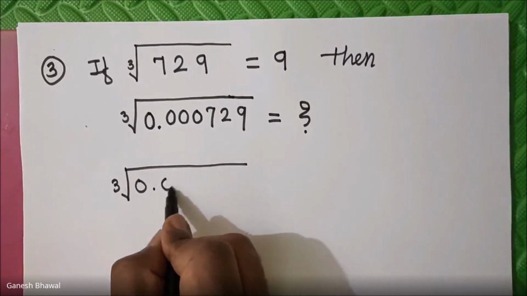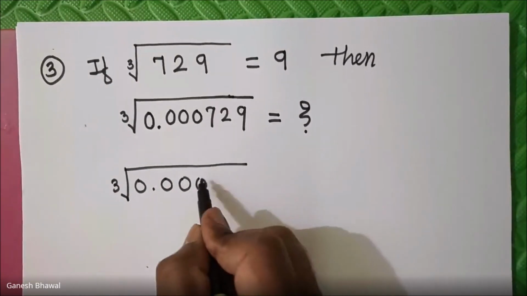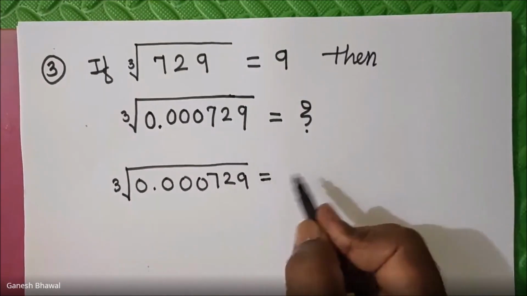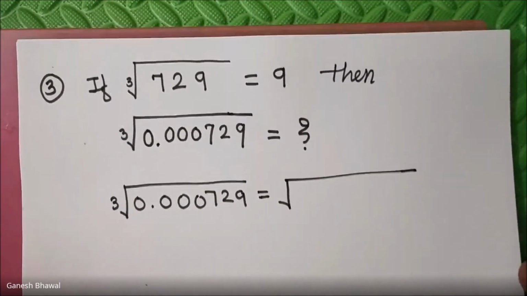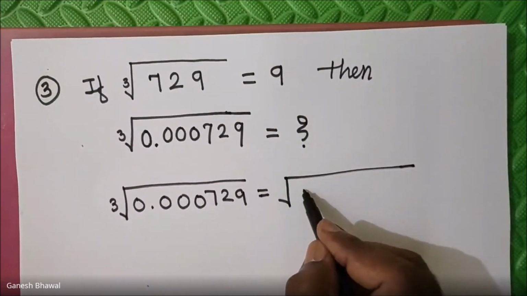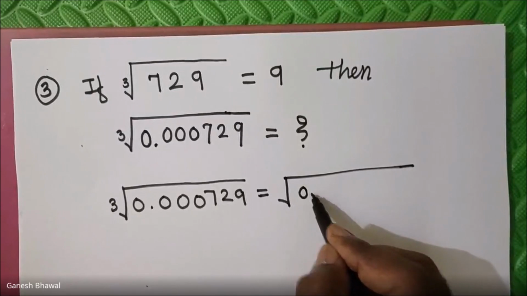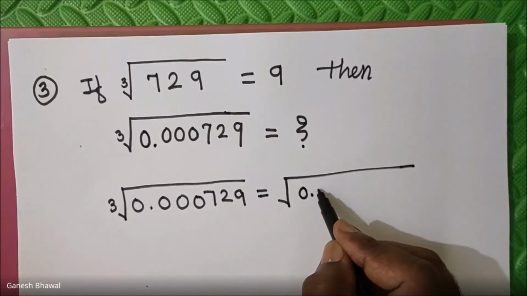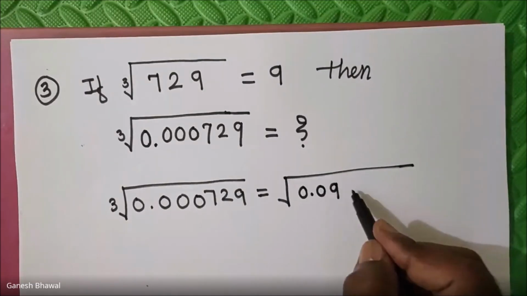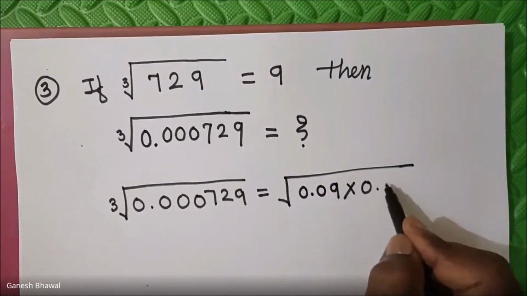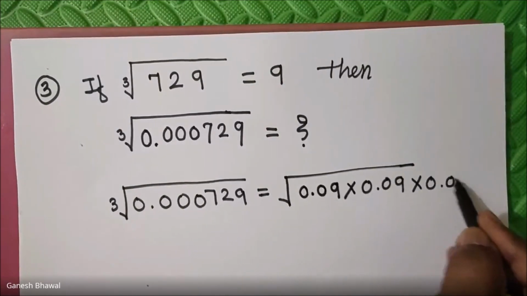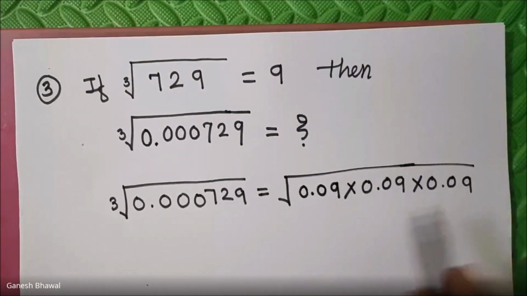Under cube root 0.000729 equals, we have to write 0.09 into 0.09 into 0.09.